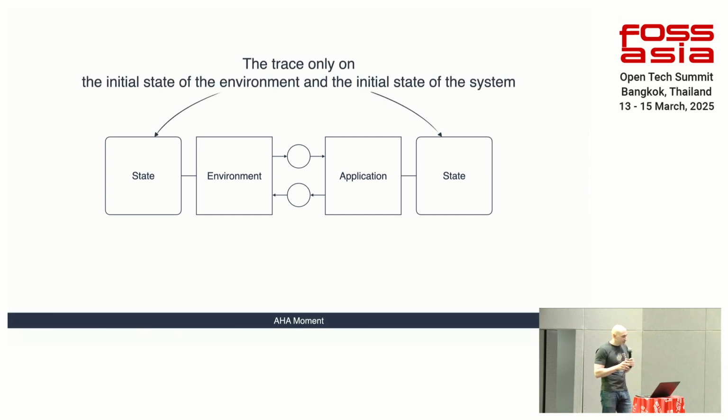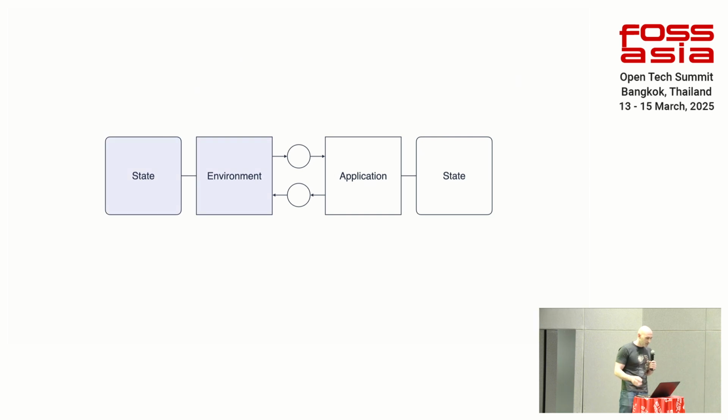To be methodical and to ensure reproducibility, we construct the system. That is, we construct both the environment and the application so that the behavior of the system only depends on the initial state of the environment and the initial state of the application. The core idea is to substitute the environment with a simulator.